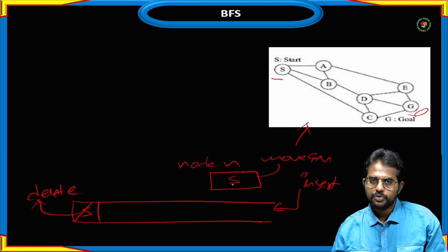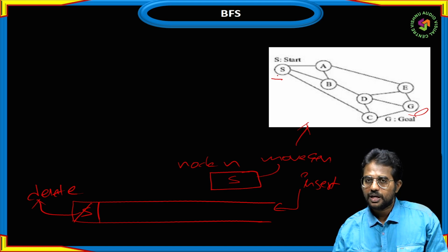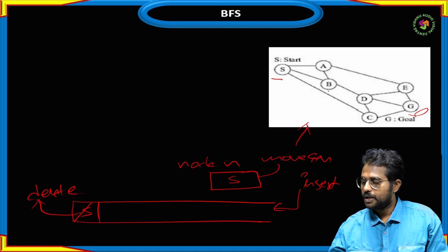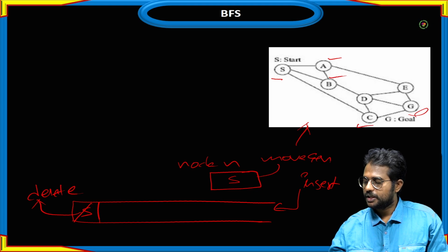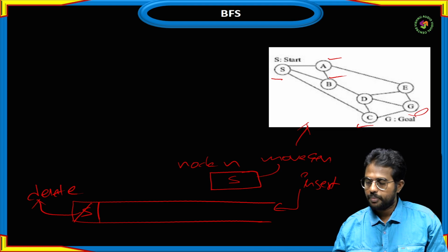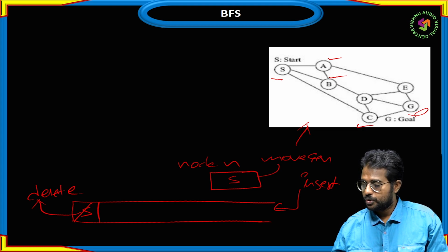The reachable states from S are A, B, and C. So the output of the moveGen function on S will be A, B, and C.